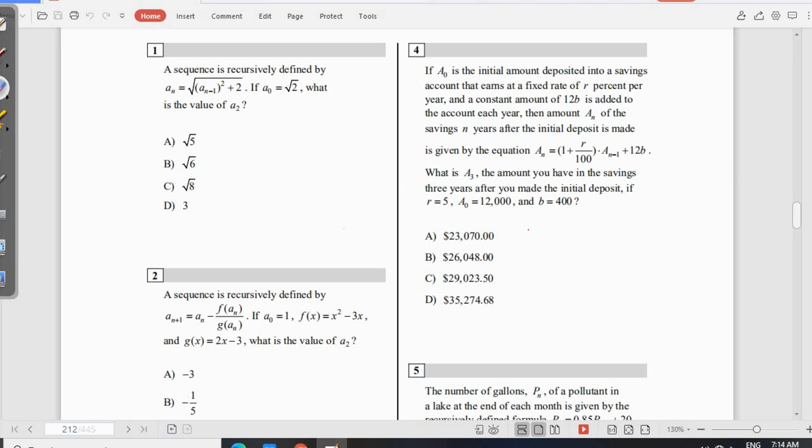We don't like wasting time, just solve fast. So A1 is equal to 1.05 multiplied by A0, which is 12,000, plus 12B, and B is 400, so that's plus 12 times 400.